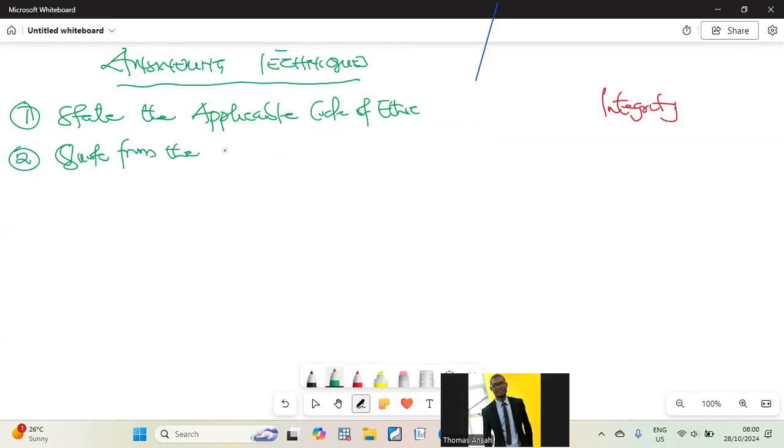From the question, not anywhere, not what you think, not what you've read about integrity, but from the question, the statement that supports the integrity you have picked, the code of ethics.